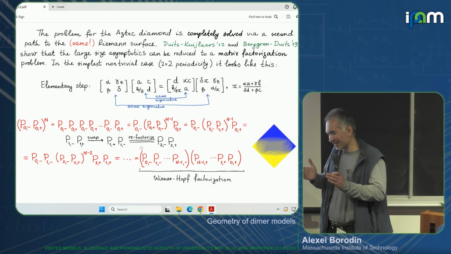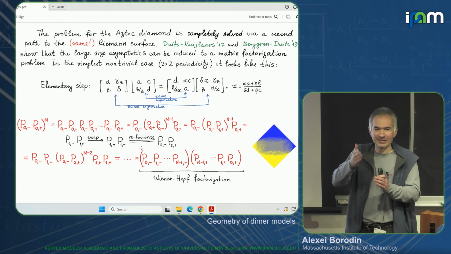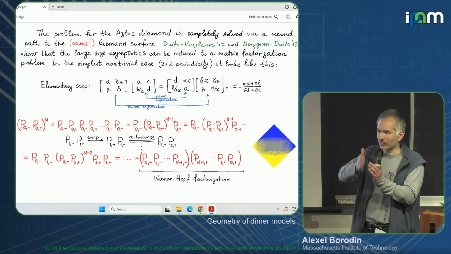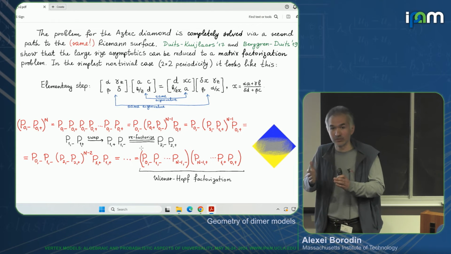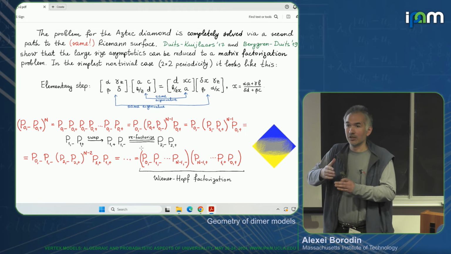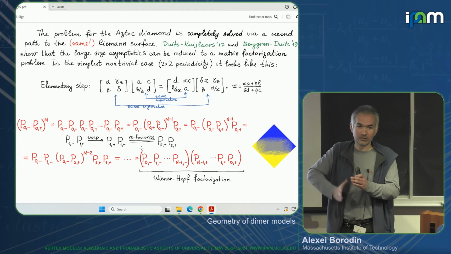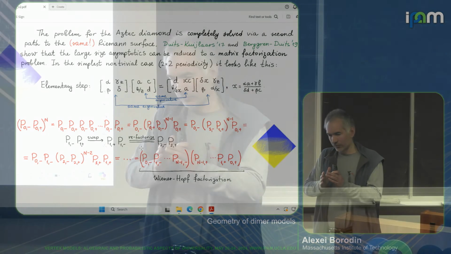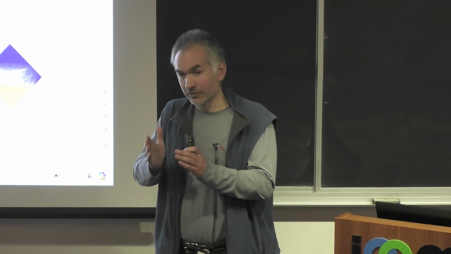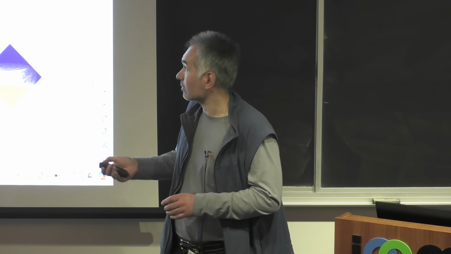If one represents the Aztec as a vertex model, so one can slice it and then look at the transfer matrices layer to layer. These will be some infinite matrices. They will be block Toeplitz because they're translational invariant on the layers. And so if you take Fourier transforms of those transfer matrices, then you get matrices like this.